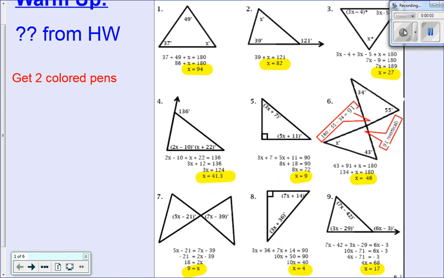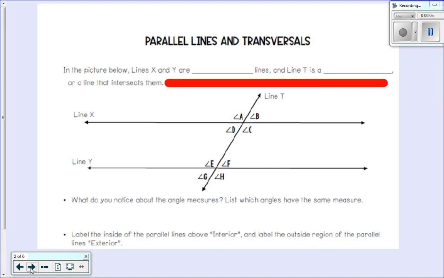Alright, so today we're going to continue with angles, and we're going to learn about parallel lines and transversals and other angles that they create. So in the picture below, lines X and Y are parallel lines.